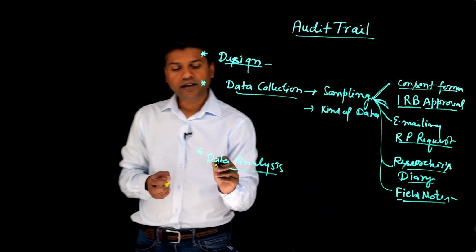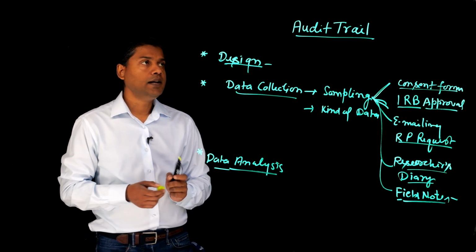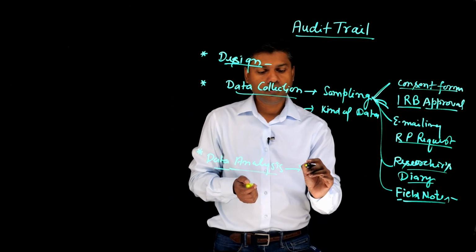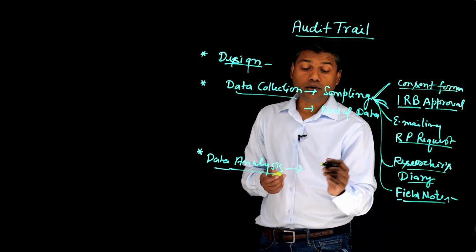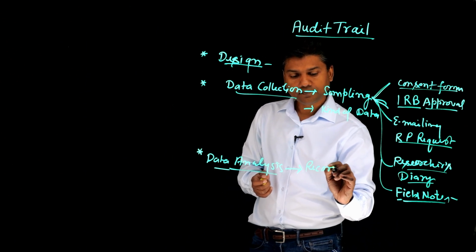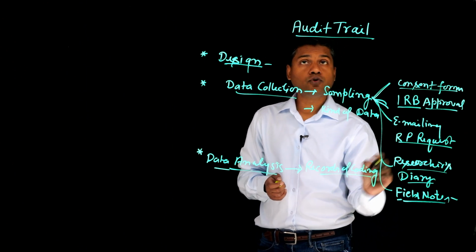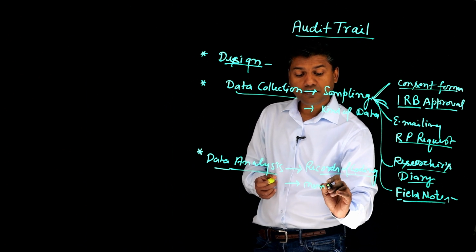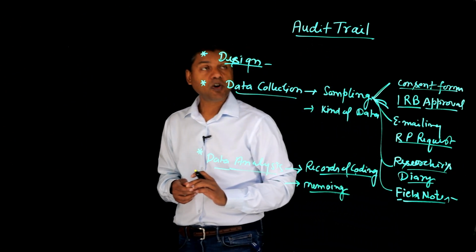Now let's go to the next stage of research, which is data analysis. In data analysis, the audit trail is how you are analyzing the data. If I'm coding the data, the records of the coding process will also be part of the audit trail. And memoing is another important part of audit trail.